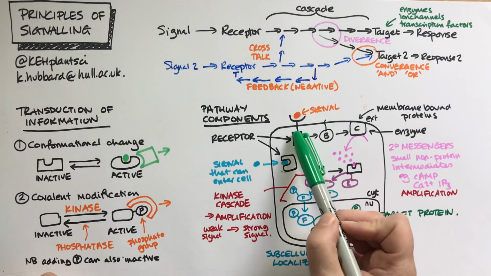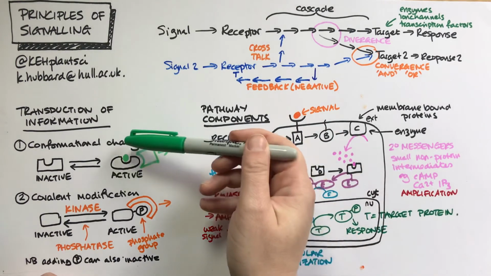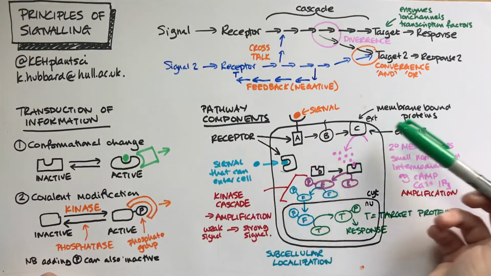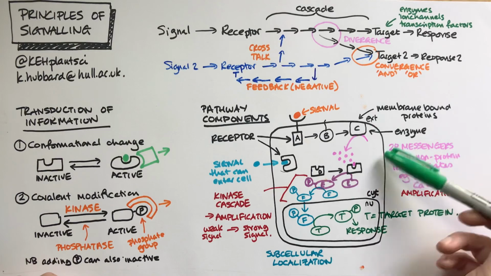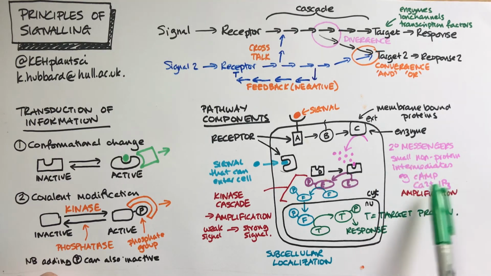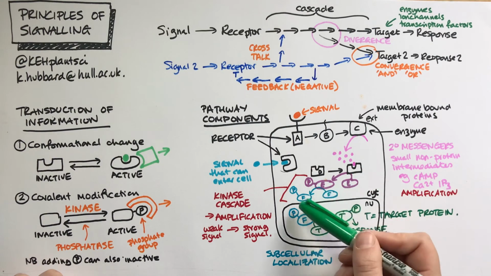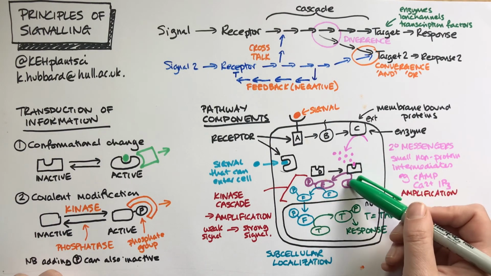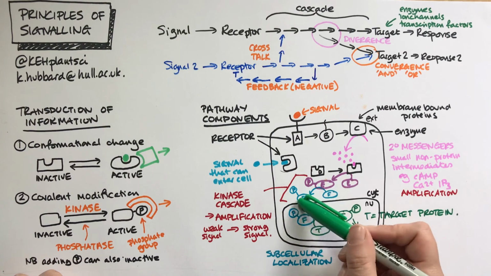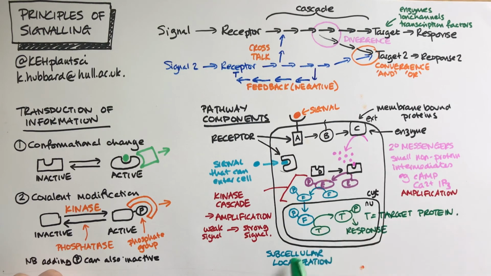We've got A was the receptor, we've got some intermediates that are doing either conformational change or covalent modification. We've got an enzyme that made a secondary messenger, so a non-protein component of the pathway. We then had a kinase cascade, so D phosphorylated E, E phosphorylated F, F phosphorylates T, so we've got amplification in that way. We've got subcellular localization, and then we've got the response.